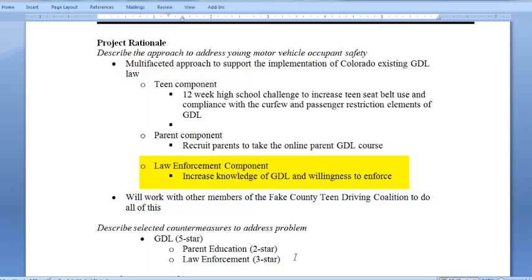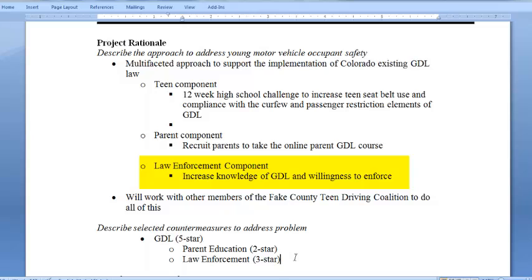Maybe we could even get them to do some sort of pilot project where they do an enforcement campaign around the high school, and maybe not even issue real tickets, but just show that they're out there to enforce the law, because I know that's really difficult for law enforcement. Yeah, if they're stopping teens because they see something, they don't have to give a ticket, but maybe they'll just educate, and that could be a good component.